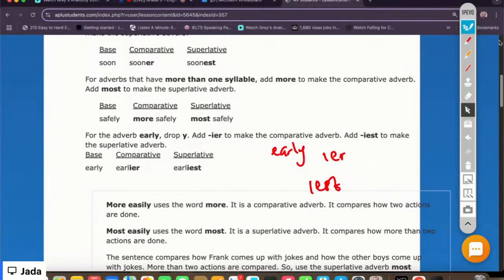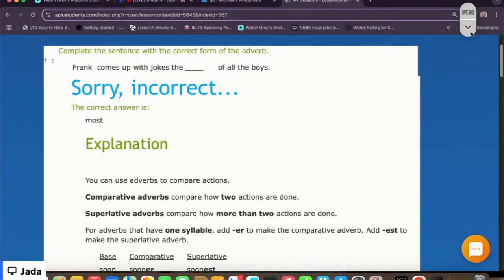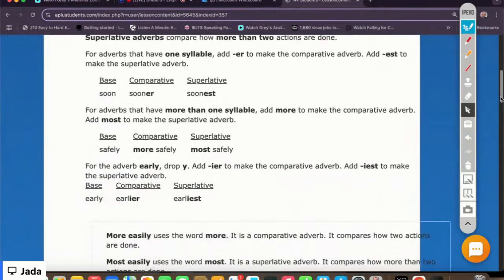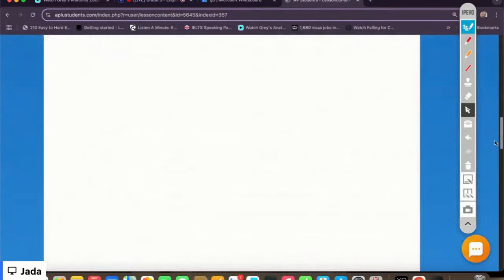All right, let's look at some examples. Okay. So we have: complete the sentence with the correct form of the adverb. Frank dash come up with jokes the dash of all the boys. So Frank what? What would be the right one? Okay.